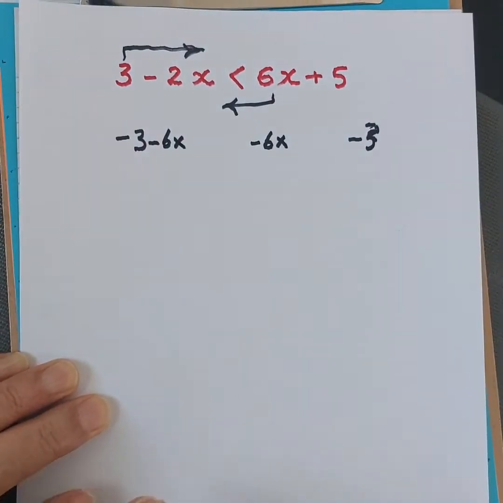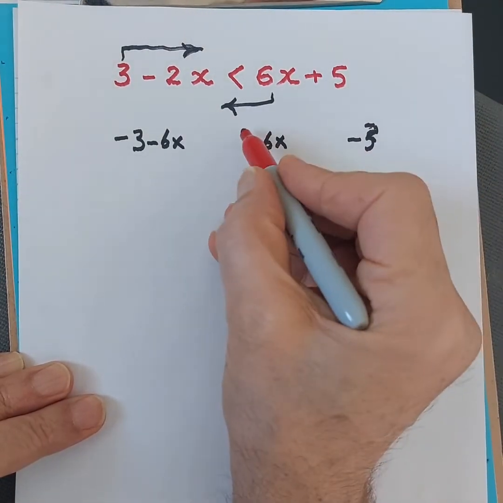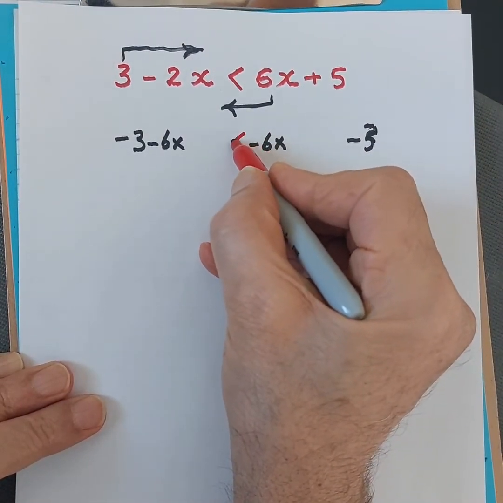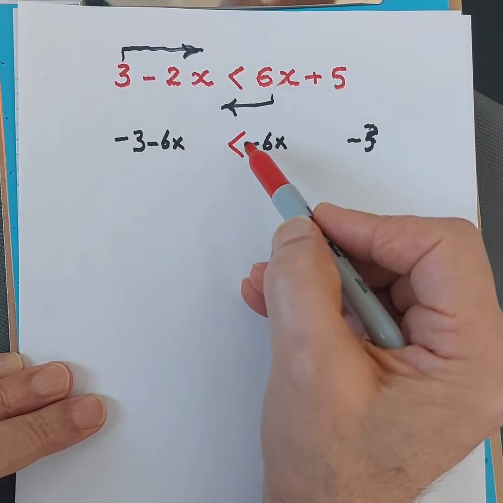By adding these terms to the two sides, adding, as you know, will not change the sign of inequality. So the sign less than will stay less than.